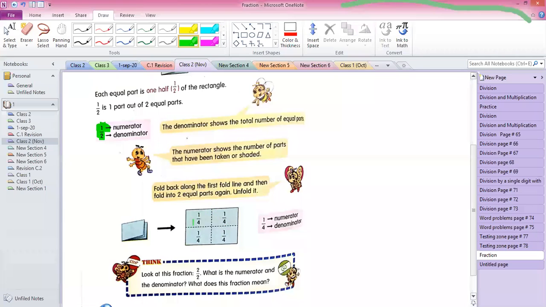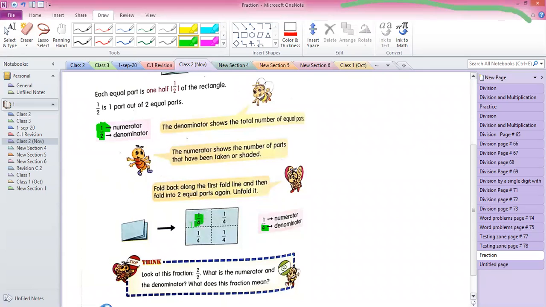Now there are how many parts? One, two, three, four. So how many total parts you have? That shows denominator. So there are four parts, so I write 4 in denominator, and every part is one part out of four parts.